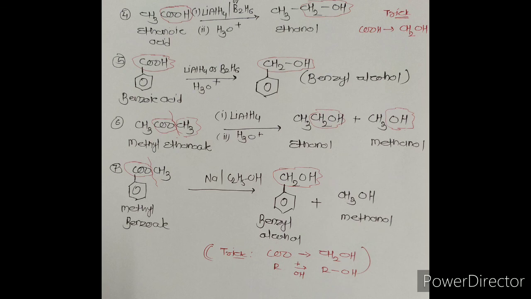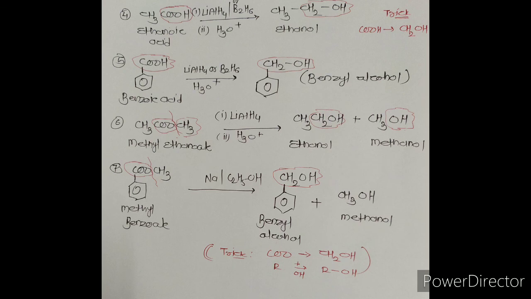Sixth reaction is of an ester compound, CH3COOCH3, methyl ethanoate or methyl acetate, which undergoes a reduction reaction in the presence of a reducing agent like LiAlH4 followed by acidic hydrolysis. Remember, ester is the only compound that gives two types of alcohol under reduction.